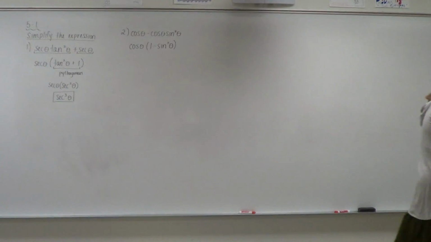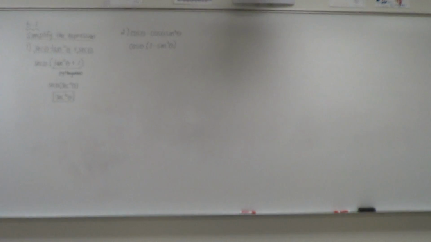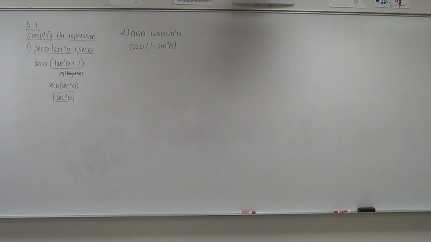Okay, so I have a squared, adding something to it. So I'm going to go look at my Pythagorean identities. Do you see anything that says 1 minus sine squared? No. Do you see anything that has sine squared and a 1 in it? Sine squared plus cosine squared.